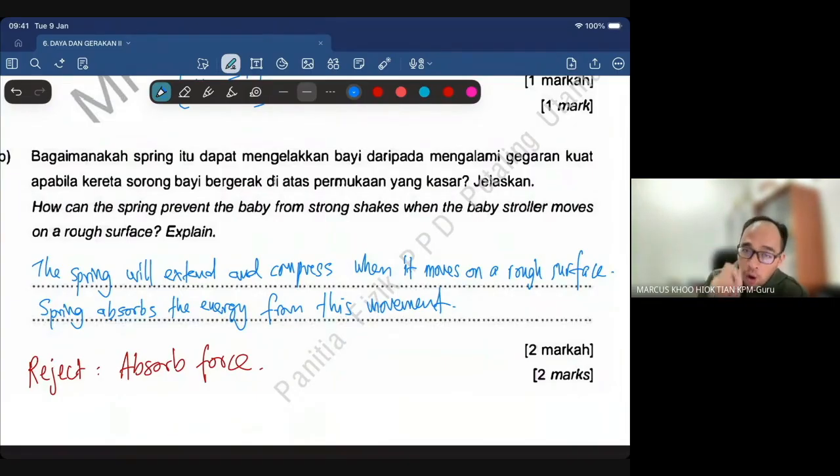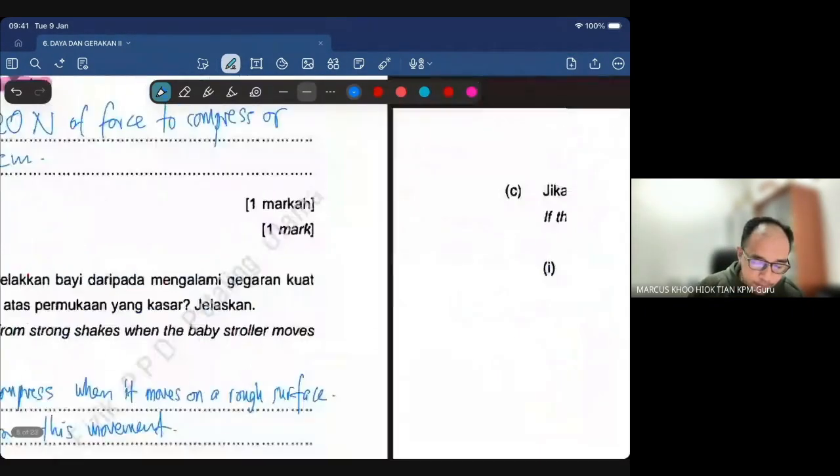The wrong answer is to say that the spring will absorb the force. That is really not acceptable. What actually changes is the amount of energy, which then translates into a much smoother experience for the baby. So please take note, the words absorb force are rejected in this particular question.